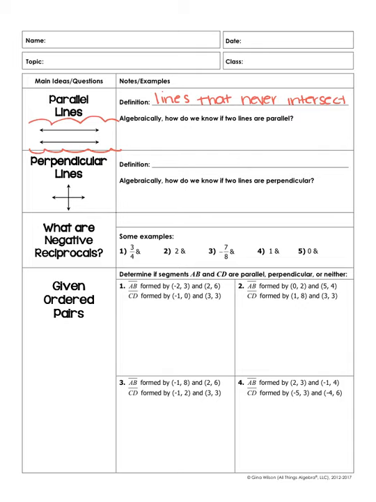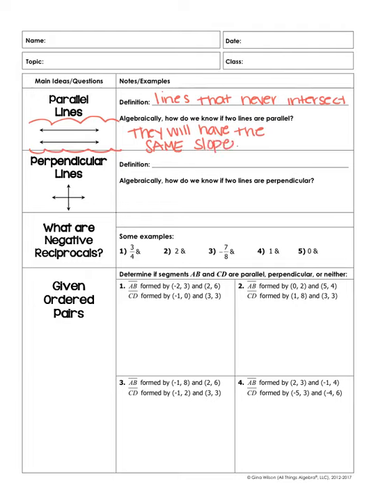But algebraically, let's say we weren't given a graph. How do we know if two lines are parallel? Well, when we see their equations in slope-intercept form, they will have the exact same slope. So that's really important. They will have the same slope.